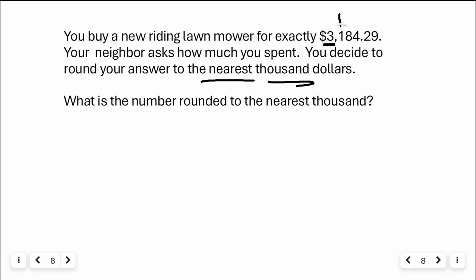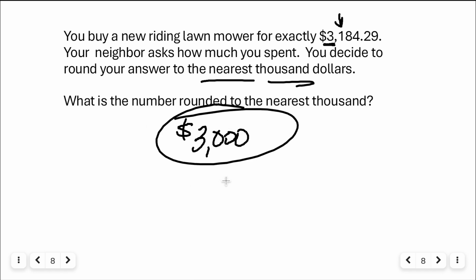I'm going to use this place to round it. So there's a 1 here. This number is smaller than 5. That keeps this number the same. So this number to the nearest 1,000 is $3,000. Okay, and that's all there is to this, right? But again, if you don't know where the 1,000 place is, how are you going to round to the thousands place?